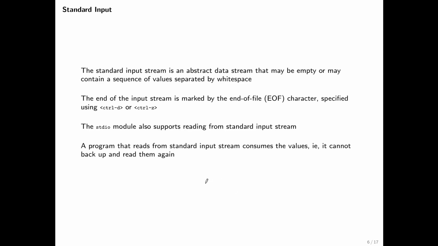So it can only go in the forward direction consuming all the values, and it cannot back up and read them again. So you only have one shot at the values in the input stream, and you keep reading in one direction and you can't rewind back. Okay, so keep that in mind. And if you want to save the values that you're reading from the input stream for whatever reason, you need to store them in a collection of some sort.